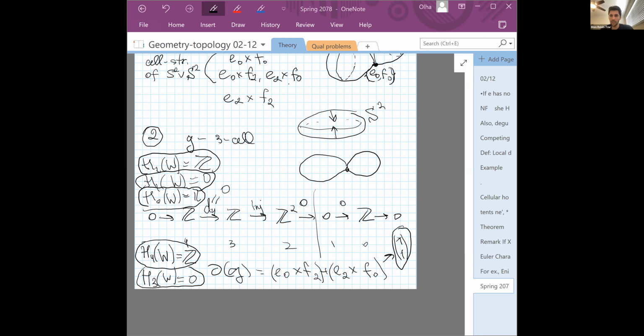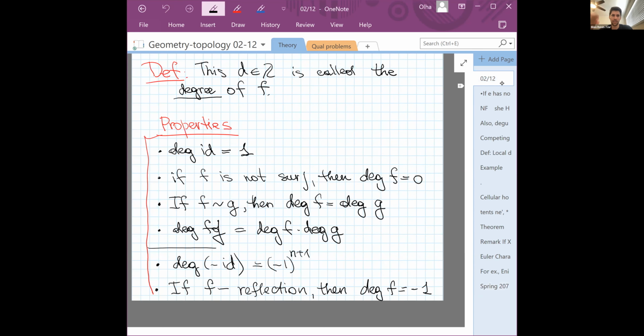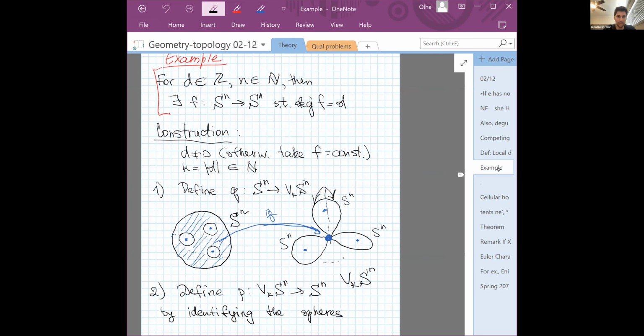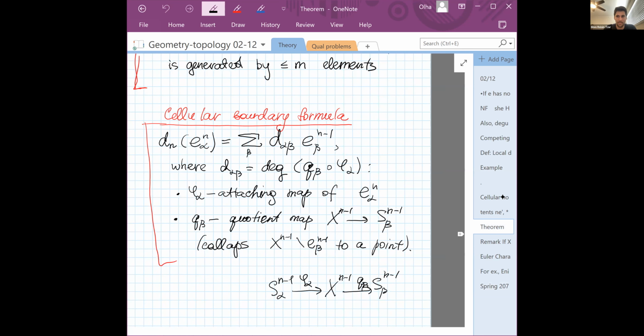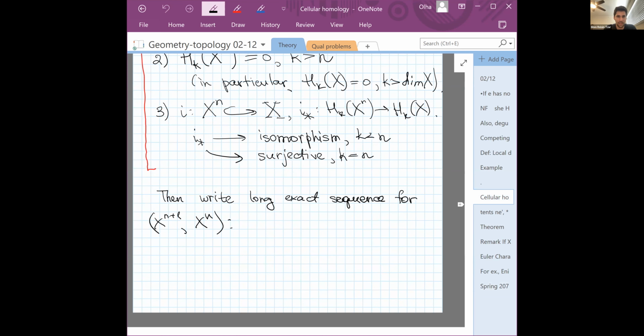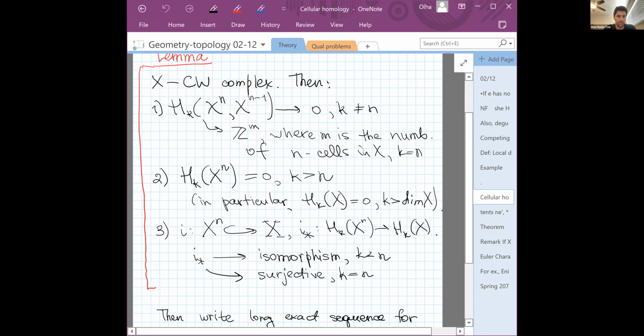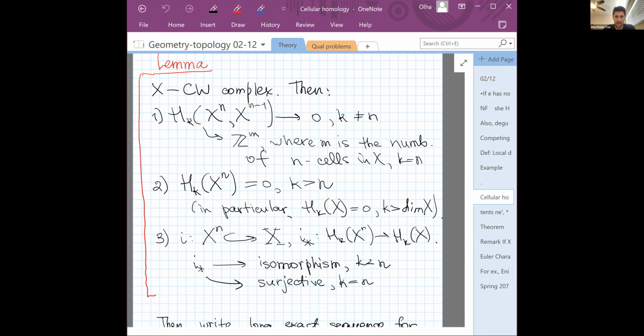Yeah, so if Olha goes back towards the start where she wrote the properties down, there were 3 properties for this H_k of relative, at the start of the cellular stuff. What you said is exactly right. The third one here is saying exactly that, right?